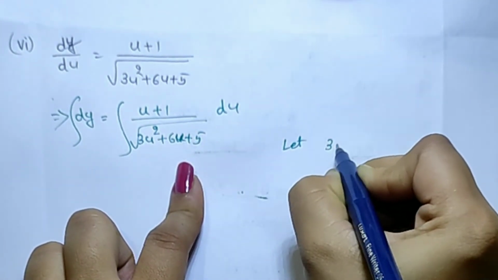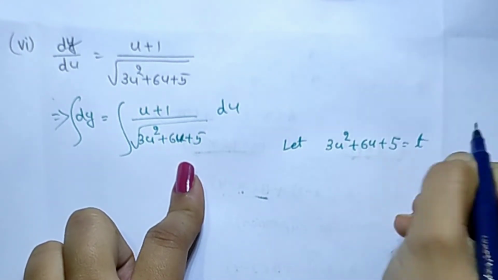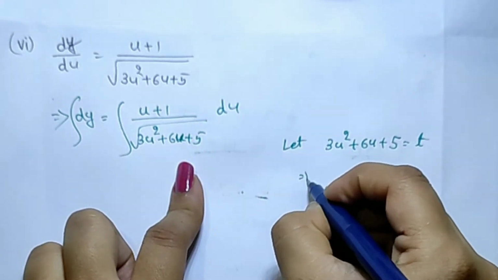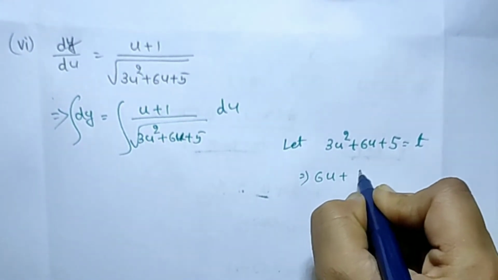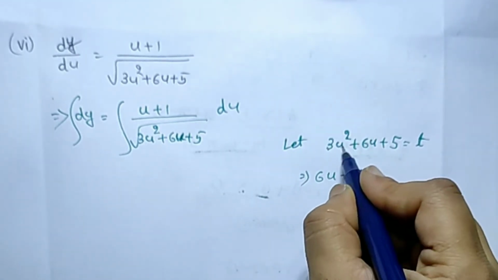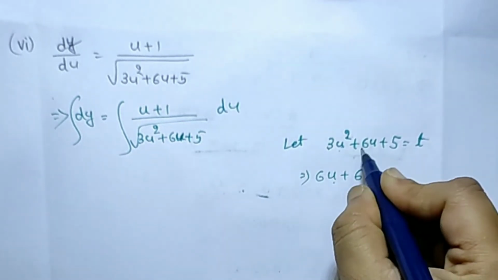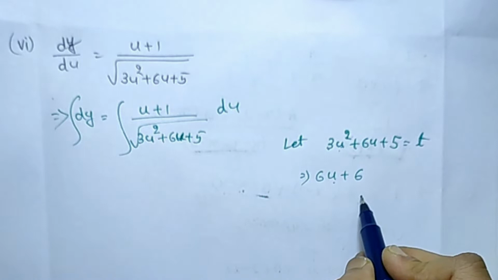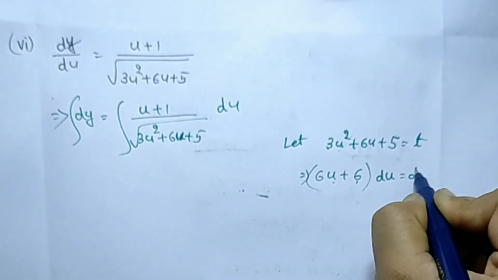Let 3u square plus 6u plus 5 is equal to t. Now differentiating both sides, the derivative of 3u square will be 6u, plus the derivative of 6u will be 6, into du is equal to dt.